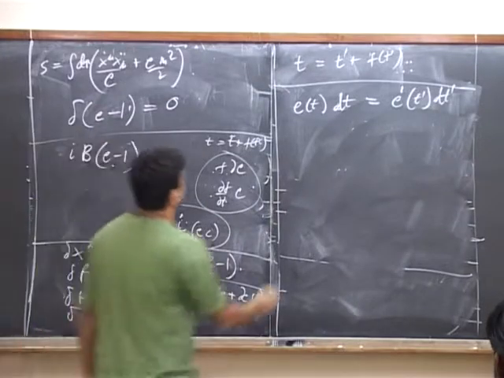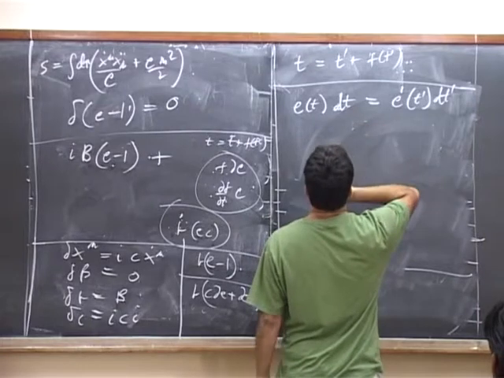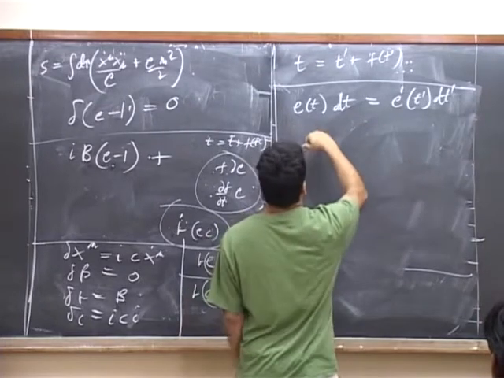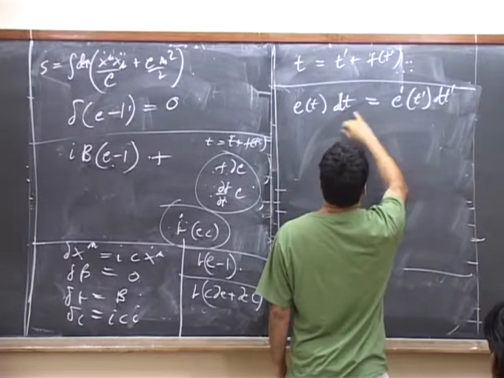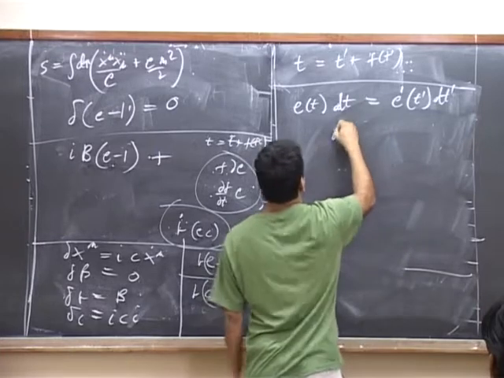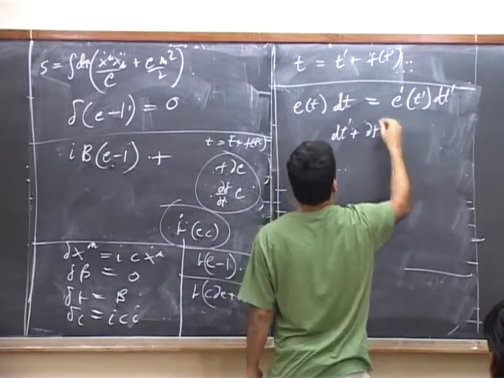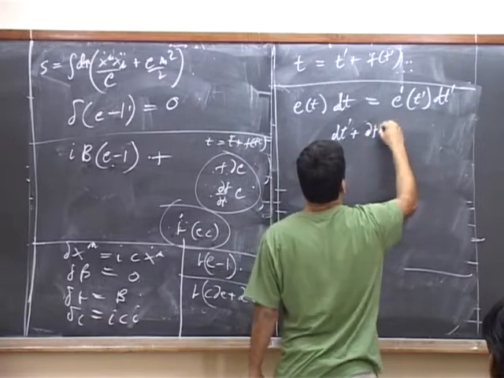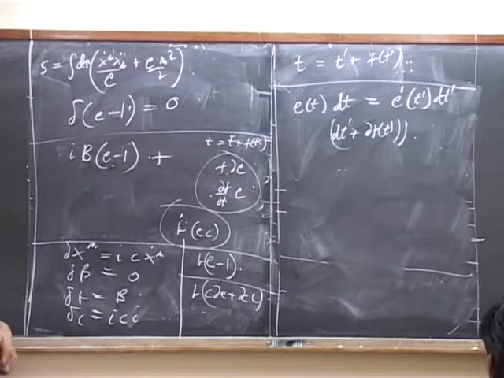And so we find that dT is dT prime plus del F of T prime dT prime.